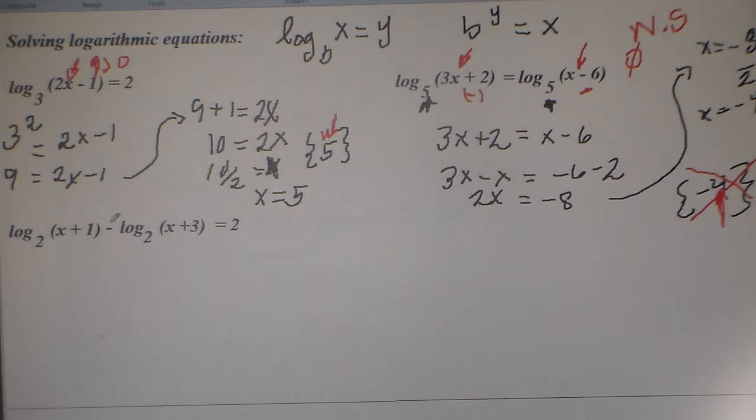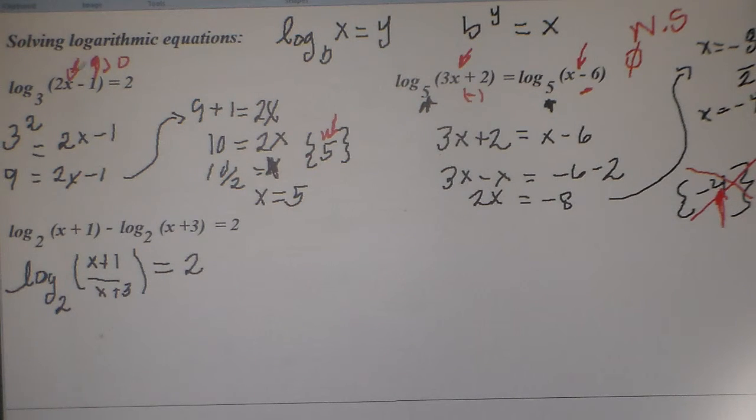We know that when we have a subtraction of logarithmic expressions, we have to rewrite it as a quotient. Then this will be equivalent to the logarithm in base 2 of x plus 1 over x plus 3, using the quotient property, equals 2.